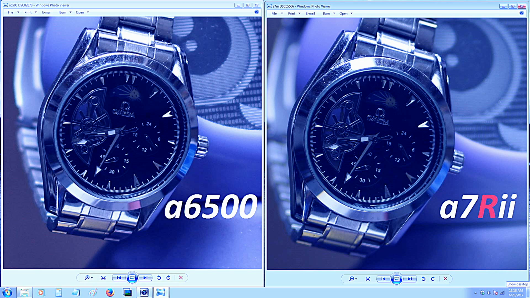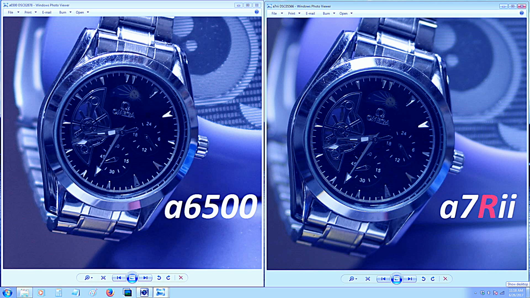Okay, so you can see here the image is showing about the same size, although I would say the a7R2 is a little bit more zoomed in, but you see the quality, no pixelation, very good image. Now watch this.